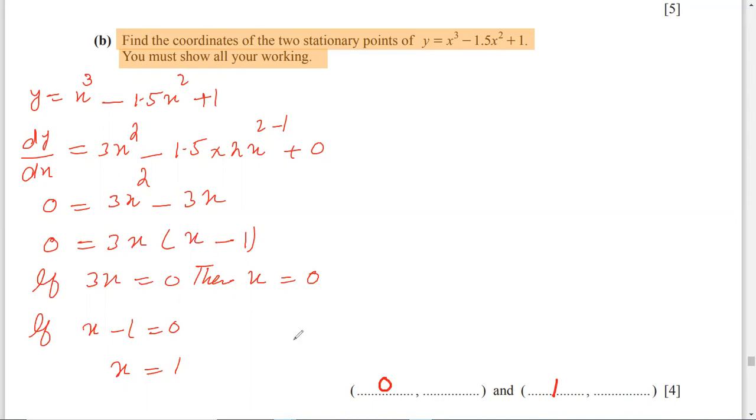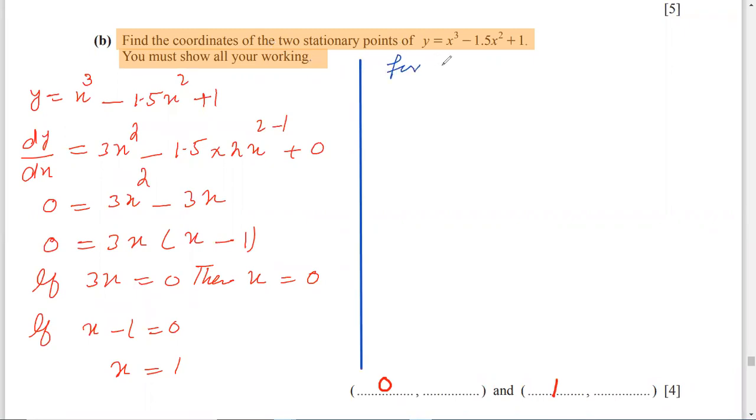Now to get the y coordinates, we can put these x coordinates in the original equation, which is y is equal to x cubed minus 1.5x squared plus 1.